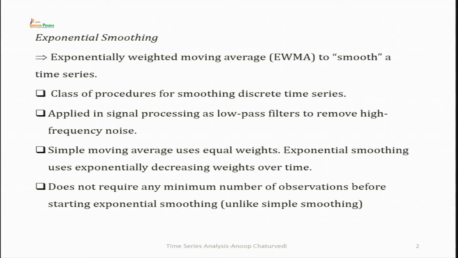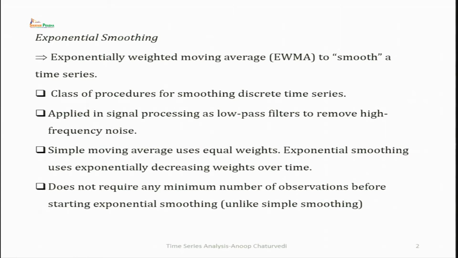It does not require any minimum number of observations before starting exponential smoothing. You remember that for simple moving averages, you require a minimum number of observations. Suppose you want a moving average of period k, then you should have at least k plus 1 or k plus 2 observations, at least more than k observations.